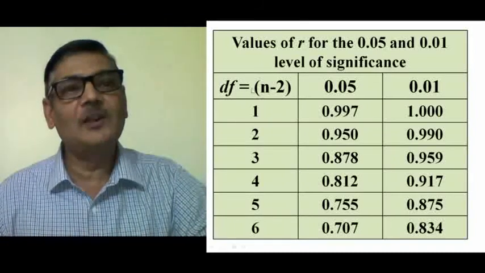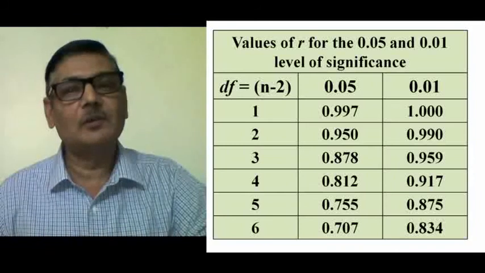Here the degree of freedom will be n minus 2. In the present case, there are 5 observations, so degree of freedom will be 3. And at 3 degrees of freedom, if the r value is 0.878, then we will be considering that there is significant positive correlation. You can consider whether the relationship is significant or not, whether it is positive or negative, and you can also see the value at 0.01 level.